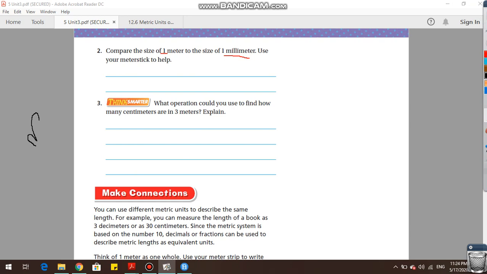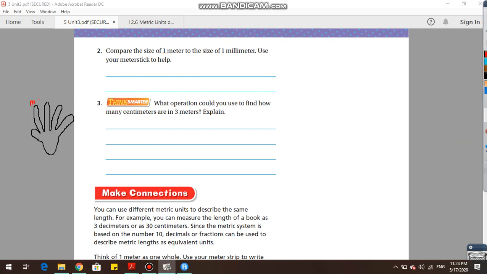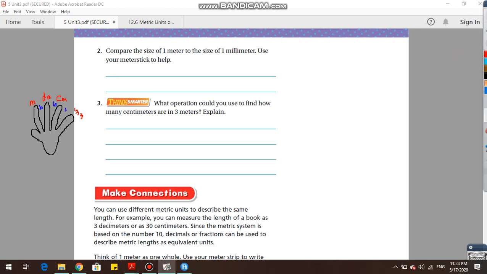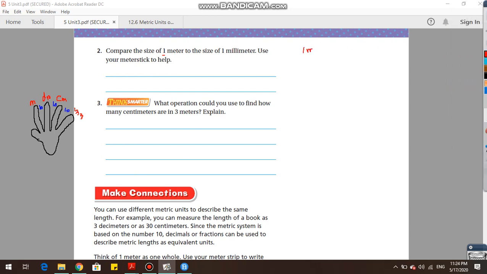Here is my hand. I have meter, decimeter, centimeter, and millimeter. And between them in the gaps I write 10, 10, and 10.